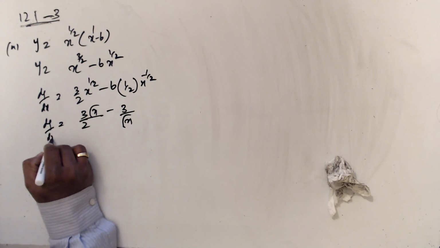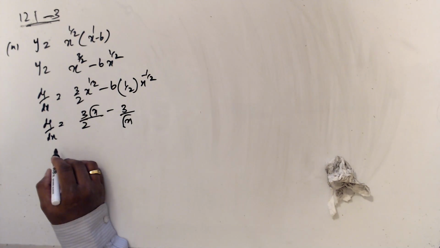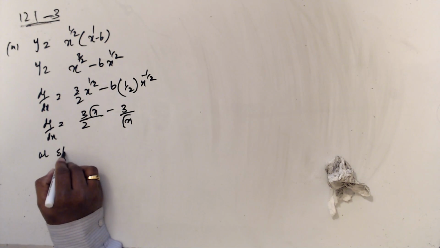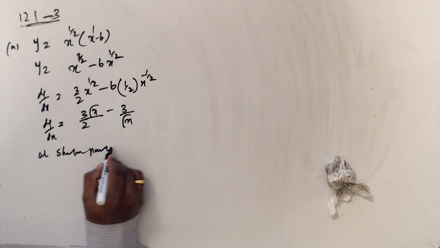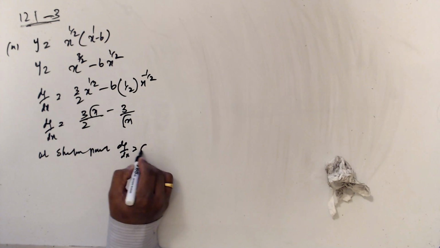At the stationary point, dy/dx equals 0.